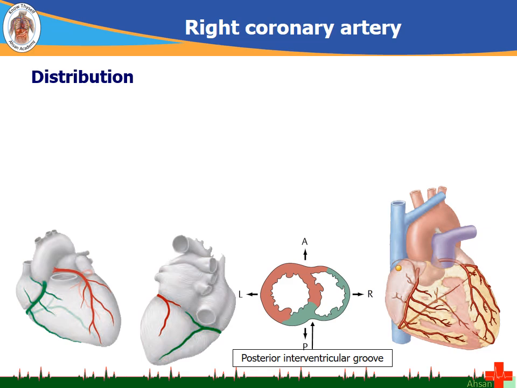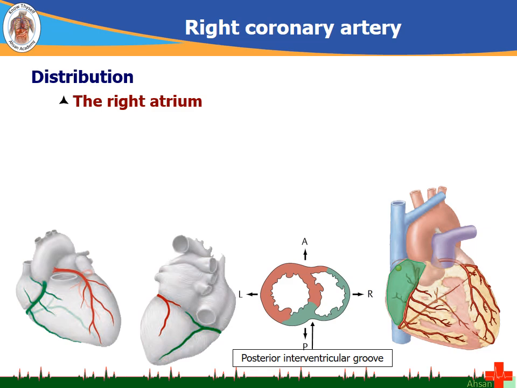Right coronary artery has this distribution, meaning supply area. It completely supplies the right atrial wall, shown in the figure on the right, shaded. And the second figure from the right is the section through the ventricle, and green is showing the area of supply of the right coronary artery.